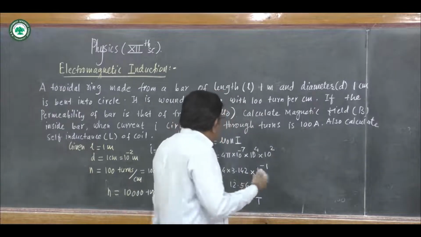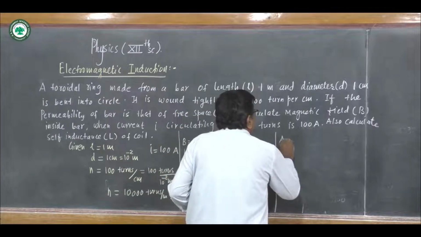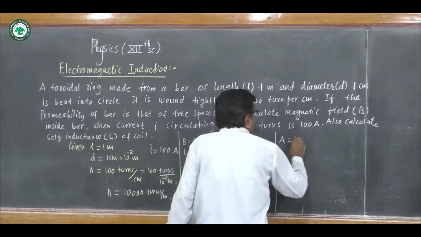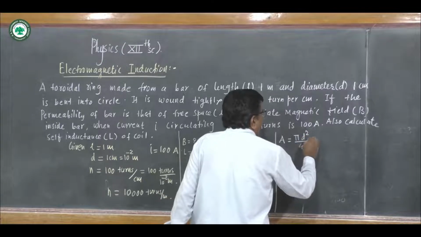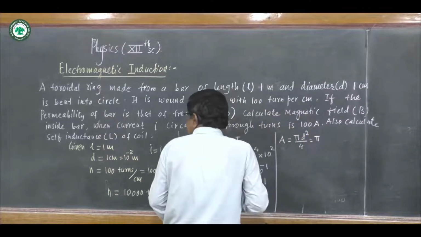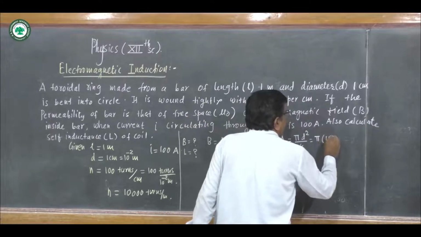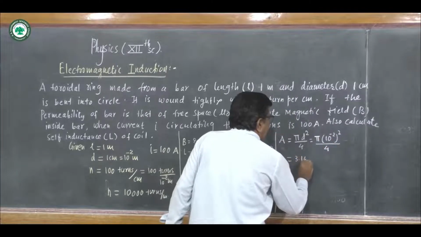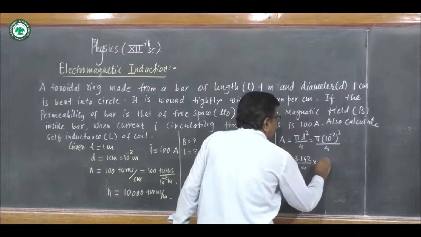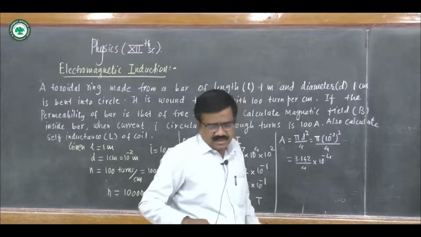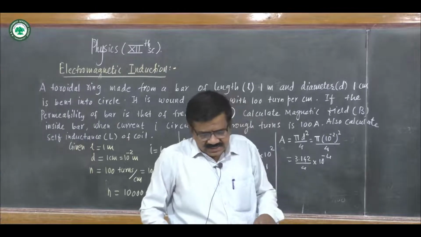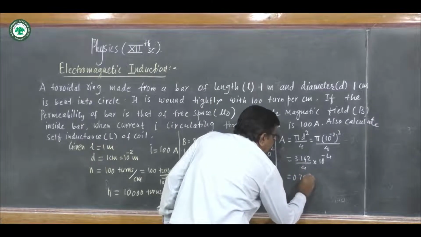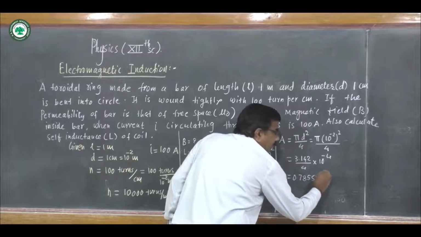Now, to find L, firstly we find the area of cross section, and it is pi d square upon 4. d is 10 raised to minus 2, its square divided by 4, that is 3.142 upon 4 into 10 raised to minus 4, and this is 0.7855 multiplied by 10 raised to minus 4 meter square.